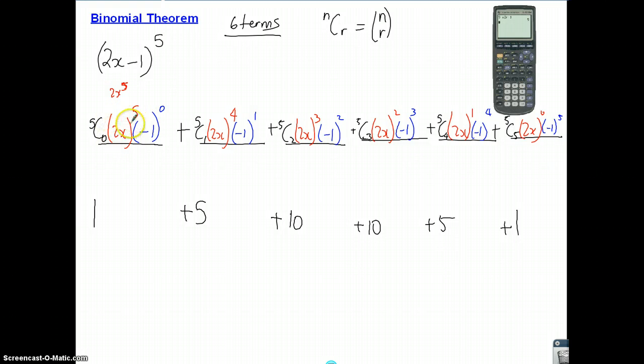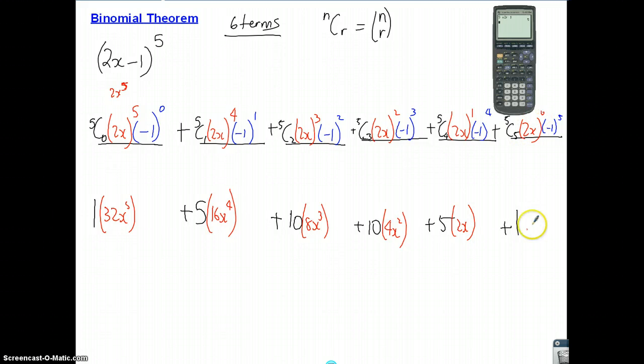So we've got 2 to the power 5, so we've got 32x to the power 5. (2x) to the 4, 2 to the power 4, 16, 16x to the 4. 8x cubed. Basic math here. 4x squared. 2x. And of course, (2x) to 0 is 1, isn't it? It disappears. So I'm not going to put that there because I know it's not going to be there.